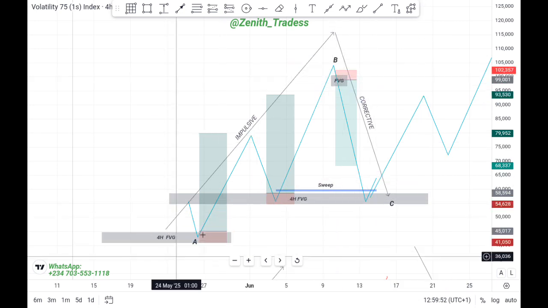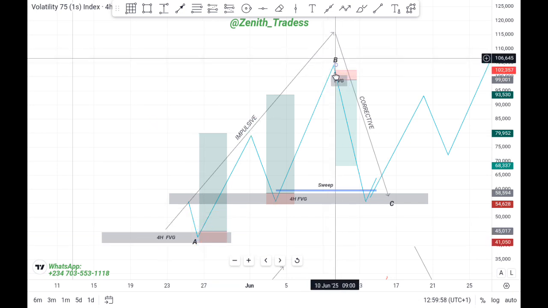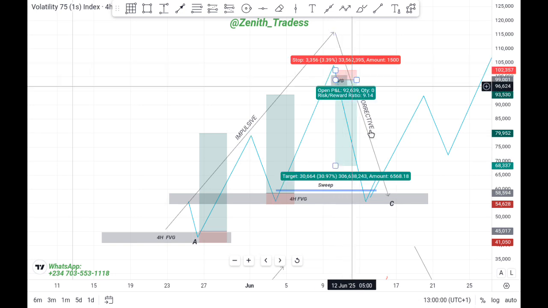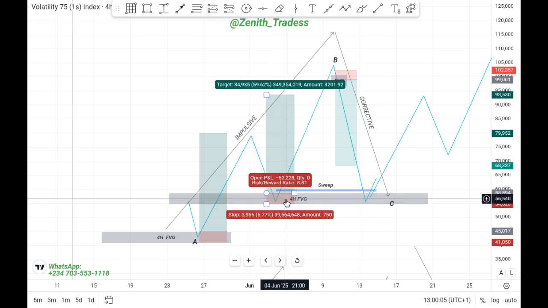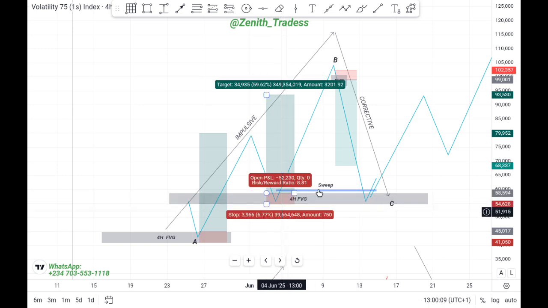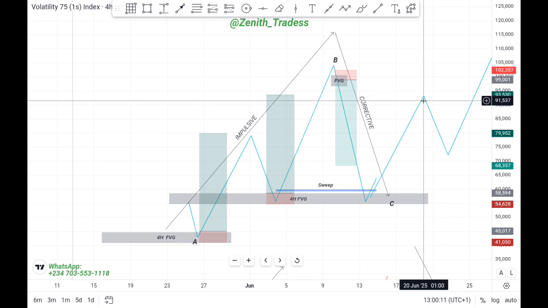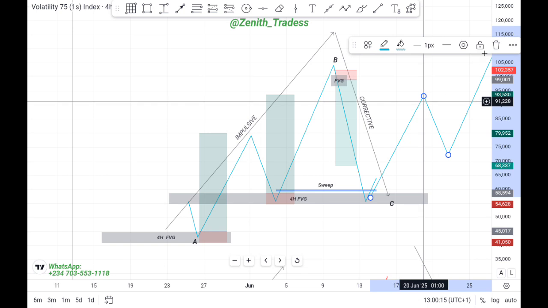The objective of every low is to give us a new higher high in a bullish scenario, and the objective of every corrective move is to come and sweep the low of the structure, the low that was the pullback that was created. I believe you understand what I'm trying to explain.